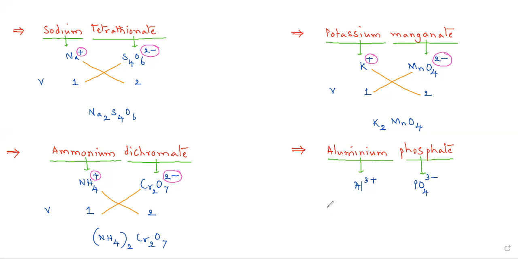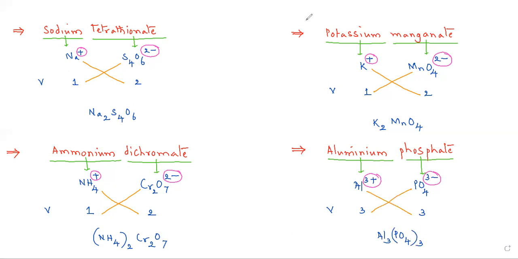Now coming to the valency. Valency of this is 3. Even the valency of this also is 3. Now just cross the valence. Okay. So this is Al3 PO4 taken thrice, right?